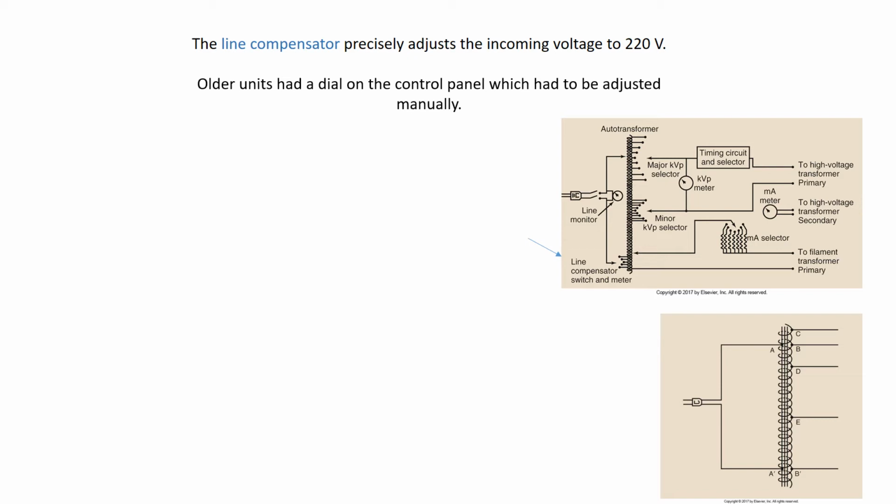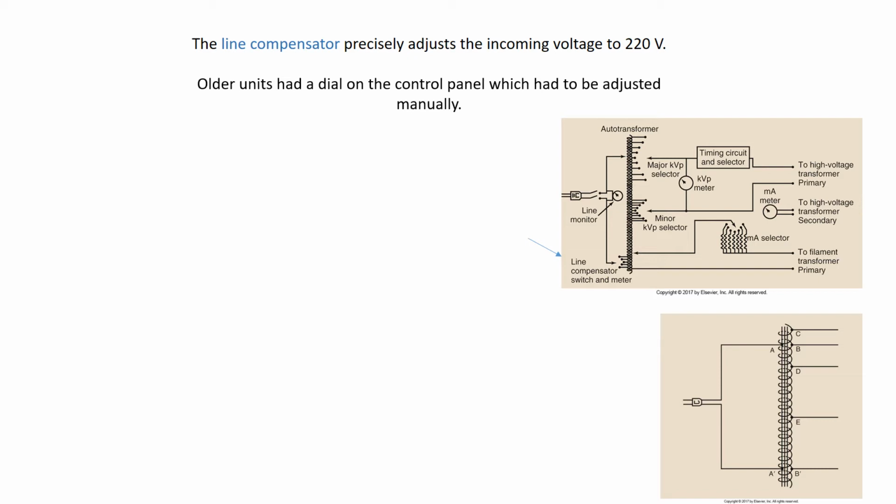So as a technologist, when you came into the room, before you made the exposure, you'd have to turn a dial, and when you did, that little arrow would jump, and you would keep turning it until you got that needle right in the middle, right where the middle line was, and that would tell you that you now have 220 volts.